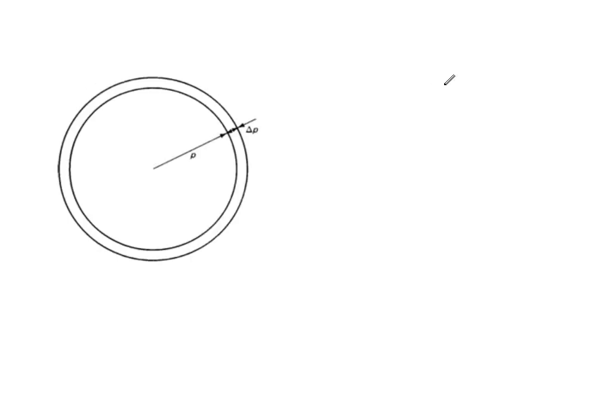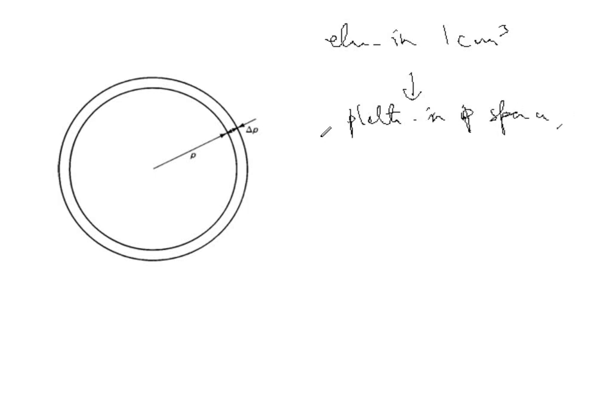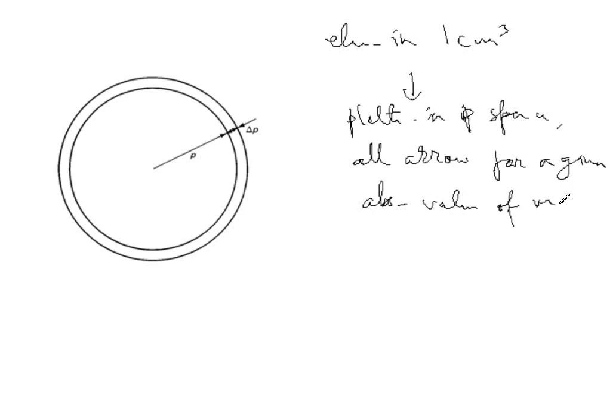Here, like this. So what I have done is, for electrons in 1 centimeter cube, I have just plotted, in momentum space, P space, all arrows for a given absolute value of momentum between P and P plus delta P. Okay.